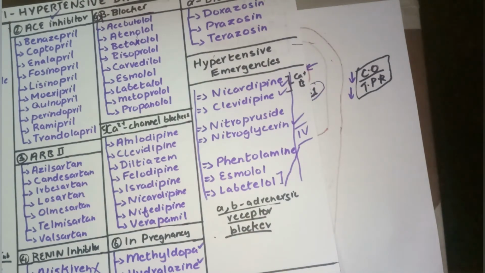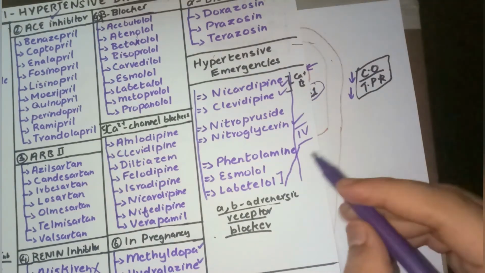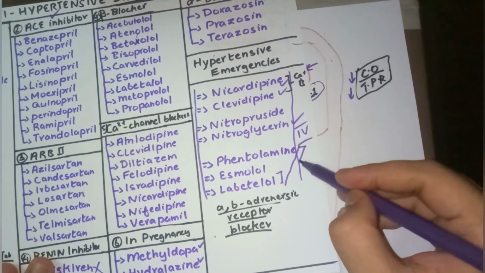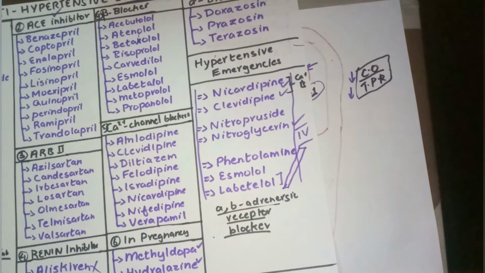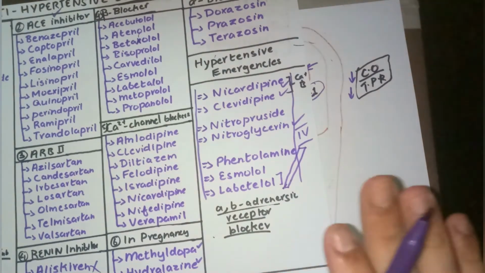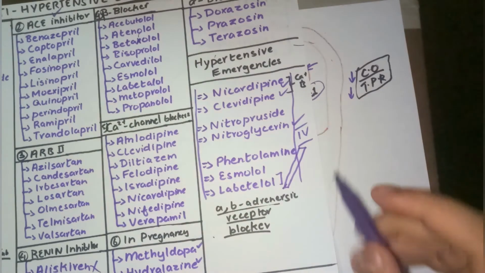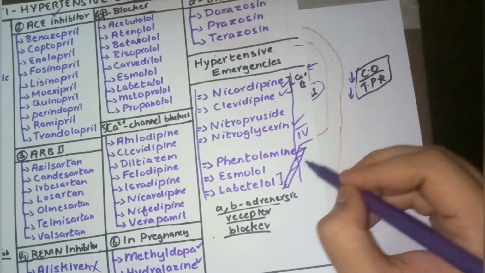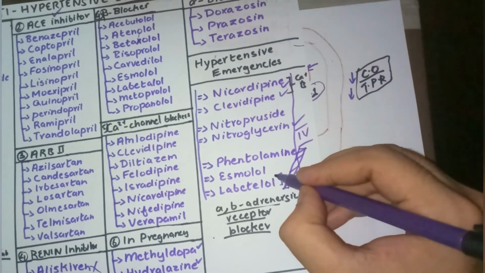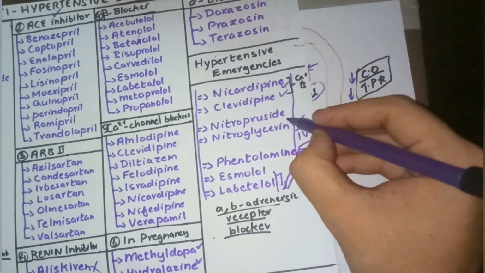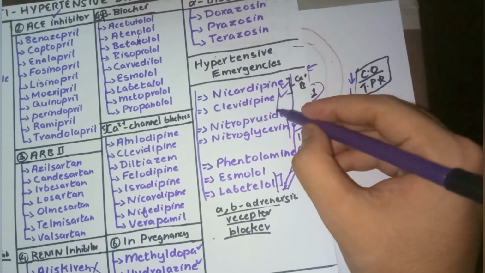It will block every sympathetic stimulus, and other drugs will block every parasympathetic stimulus, but at least at that time the person's blood pressure will come down and he will be normal, and he will not have any target organ damage. So it is sometimes best to use this, and maybe someone also uses a calcium channel blocker, but mostly labetalol is used a lot, and nitroglycerin is also used, clevidipine also.